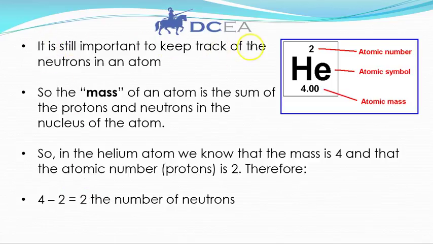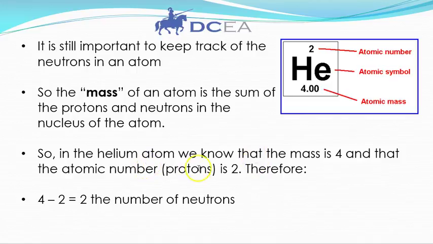It's still important to keep track of the neutrons because they're actually measured in the mass of an atom. So the mass of an atom is the sum of the protons and neutrons in the nucleus of the atom. And if you look at this picture again, you'll see it says that the helium atom has a mass of 4.0.